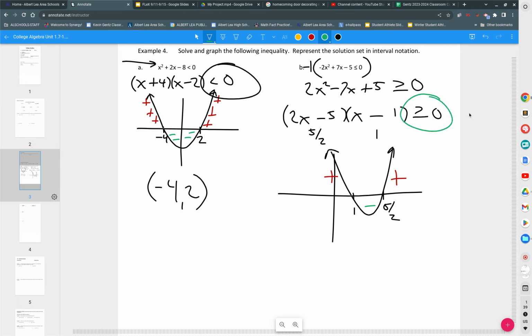This symbol here tells us we're wondering where the parabola is above the x-axis. And it's above the x-axis from -infinity to 1, bracket, union, 5 halves to infinity. So if that sign is equals to, then it's always both our brackets. Brackets, no brackets on infinity.